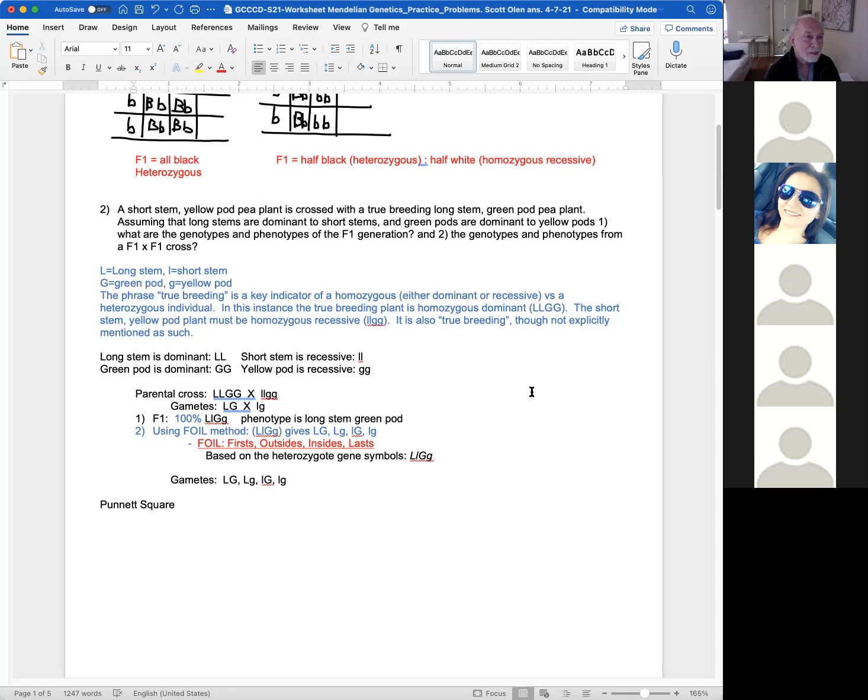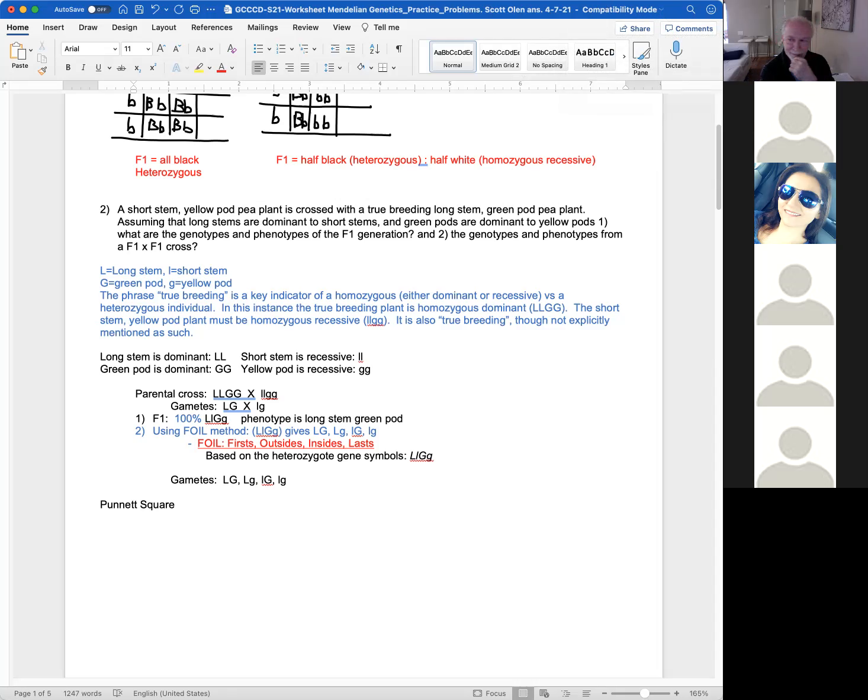The first plant, no matter what combination I make, every gamete will have one of the alleles for color and one of the alleles for stem length, and it will always come out to be big G, big L. Those are the only possible outcomes for the gametes that first parent can produce.